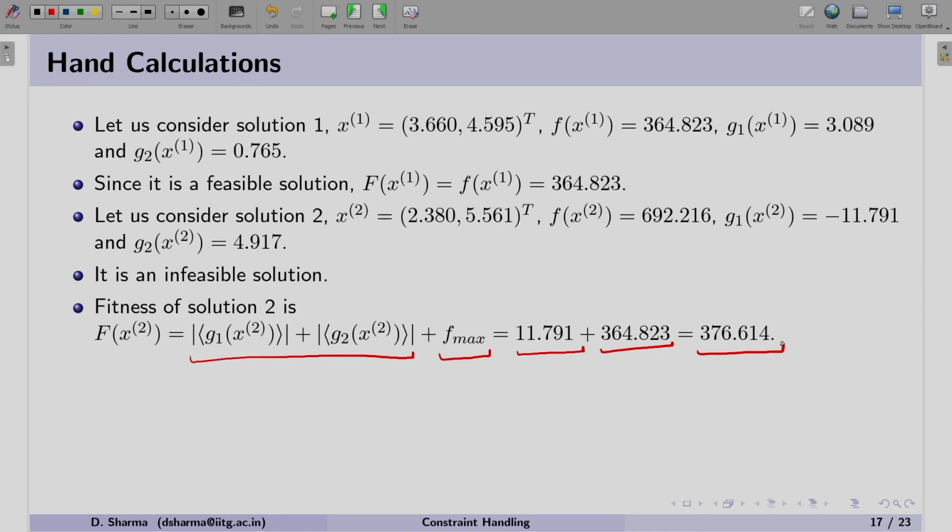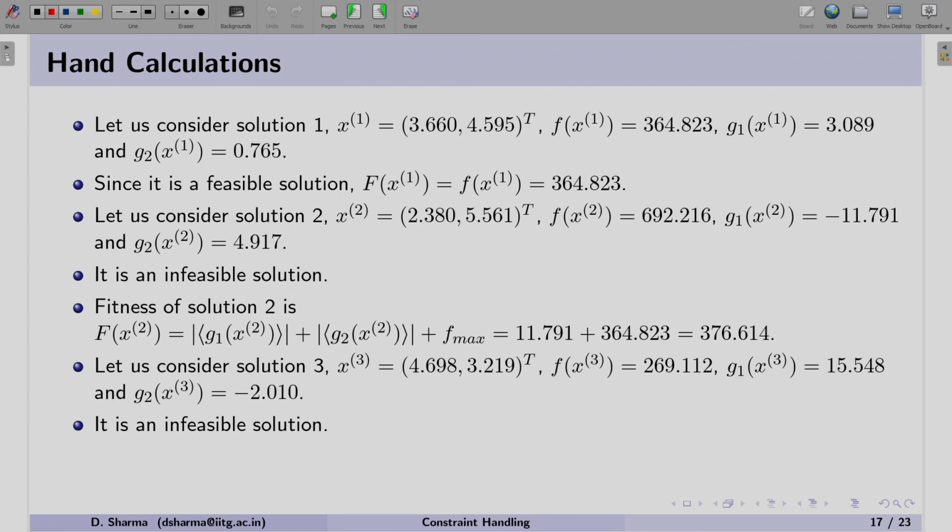What is the observation here is that we are not considering the objective function value of an infeasible solution. We are finding the fitness with respect to F max plus the constraint violation. Now, let us look at solution number 3. For solution number 3, as we know, the constraint g2 is not satisfied.